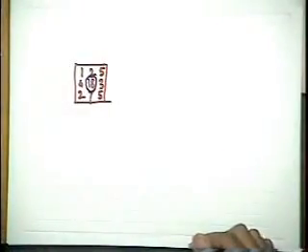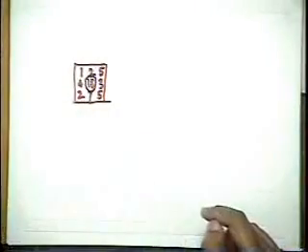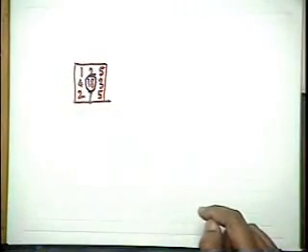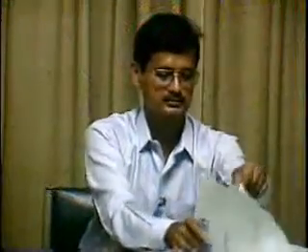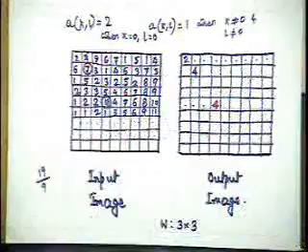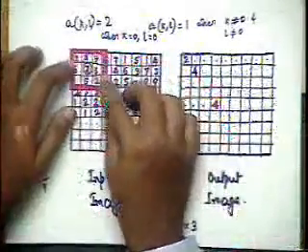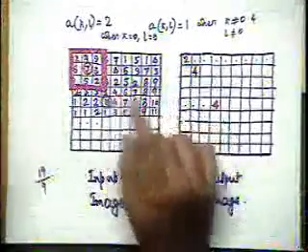So for median filtering also, we are going to do a very similar thing. If this is my original input image, I am going to consider a window like this, which I am going to slide. This output image I was earlier generating by local averaging, but this time I have to generate a new output image by median filtering.